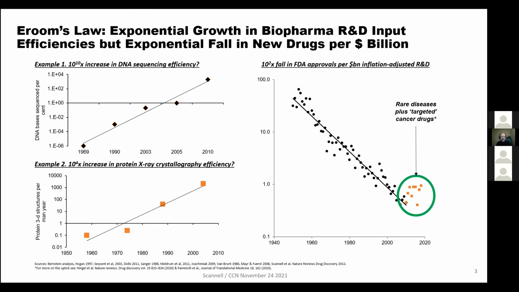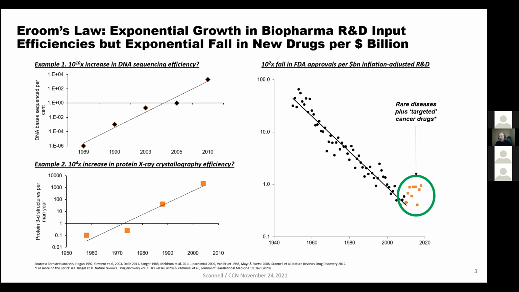X-ray crystallography, maybe 10 to the 4 times more efficient up to 2010. But the number of drugs in the right panel approved per $1 billion spent by the global drug and biotech industry fell by more than 2 orders of magnitude between 1950 and 2010. It has picked up a bit since, and I may talk about that later. And if I don't, you may want to prompt me with a question.